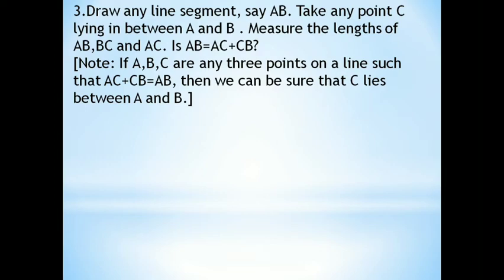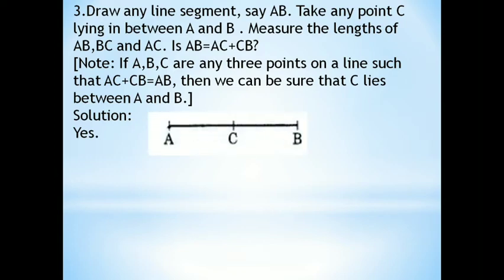If A, B, C are any 3 points on a line such that AC plus CB is equal to AB, then we can be sure that C lies between A and B. Now here we see how we will solve this question. Then the answer is yes.